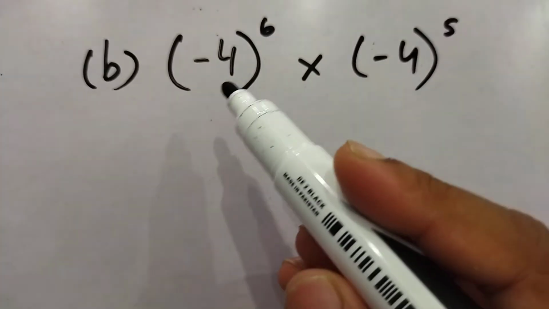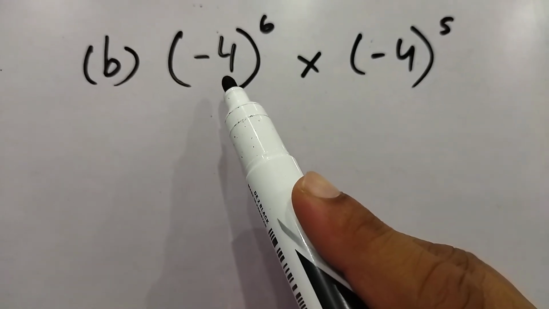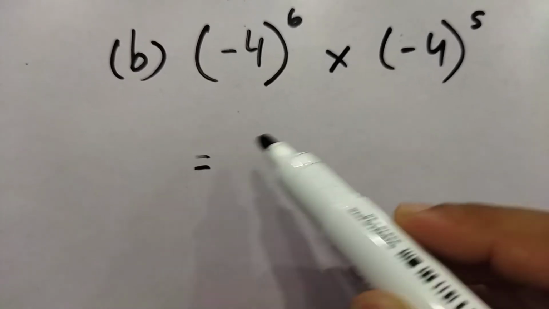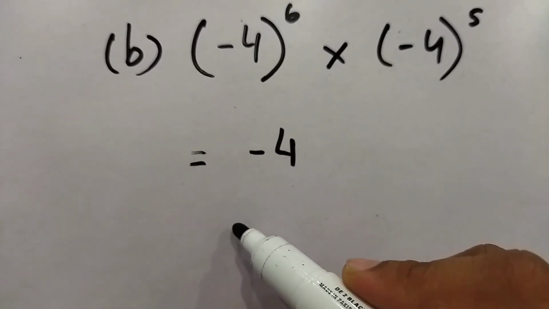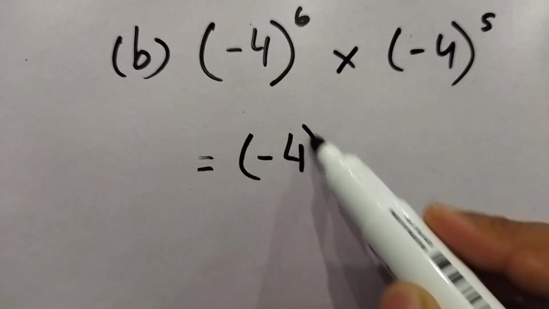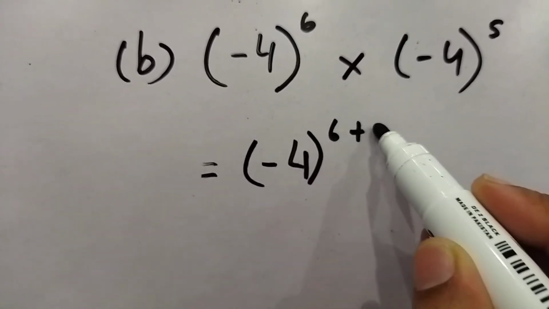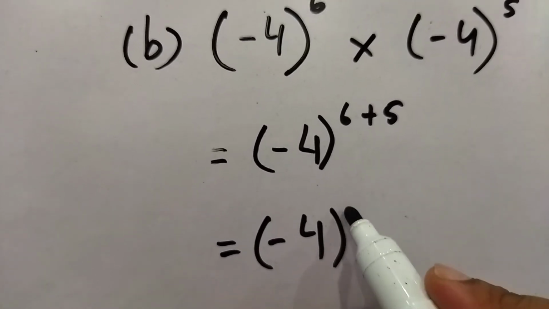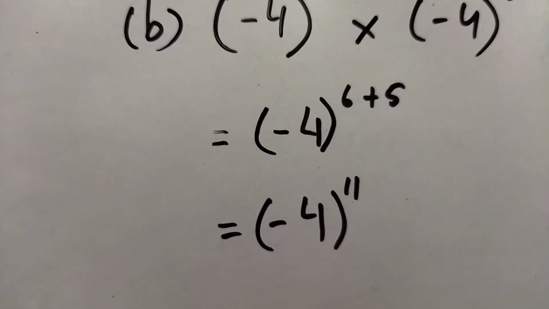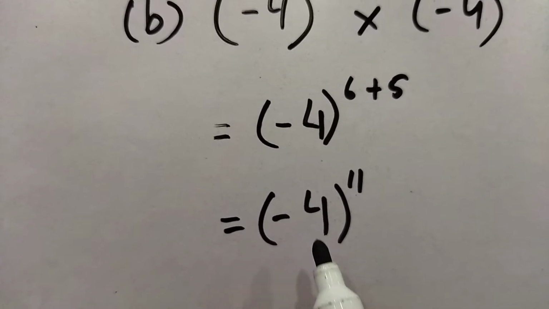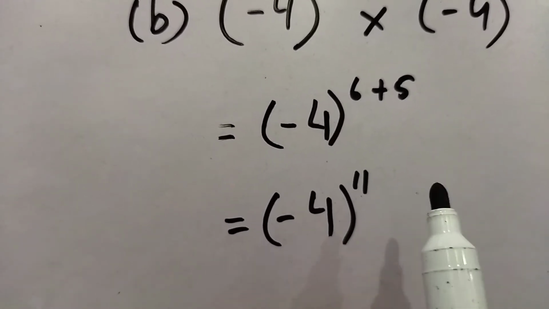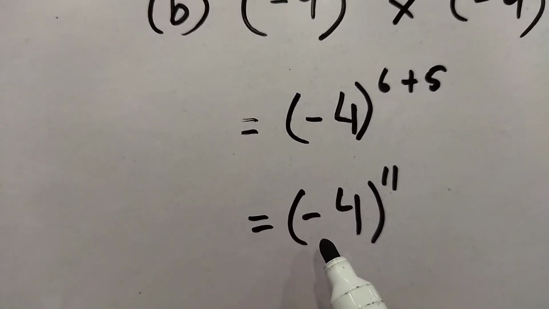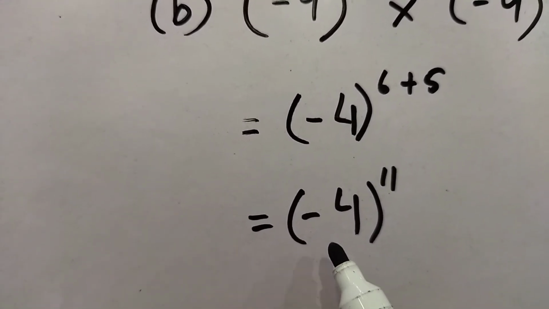Now part B says we have base minus 4 and the powers are 6 and 5 respectively. So all we need to do is keep this base as it is and add up their powers, that is 6 and 5. So we'll get the answer as minus 4 raised to power 11. And students, remember, whenever we have a negative base and it has an even index, the base will turn into a positive integer.